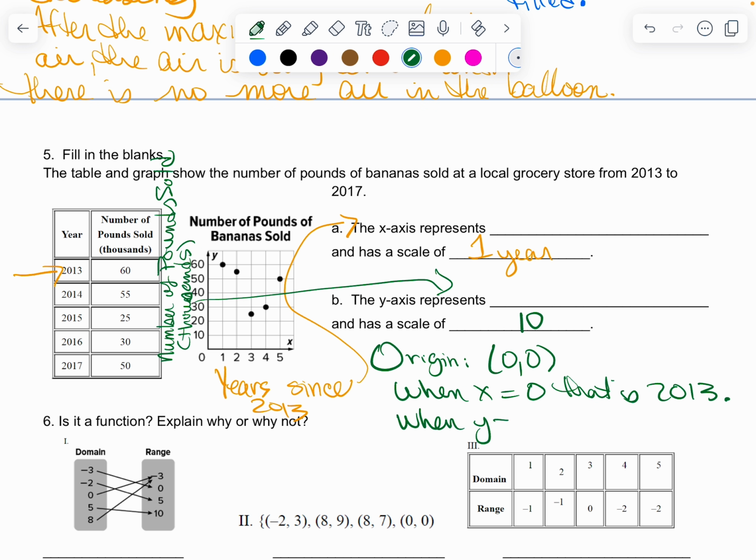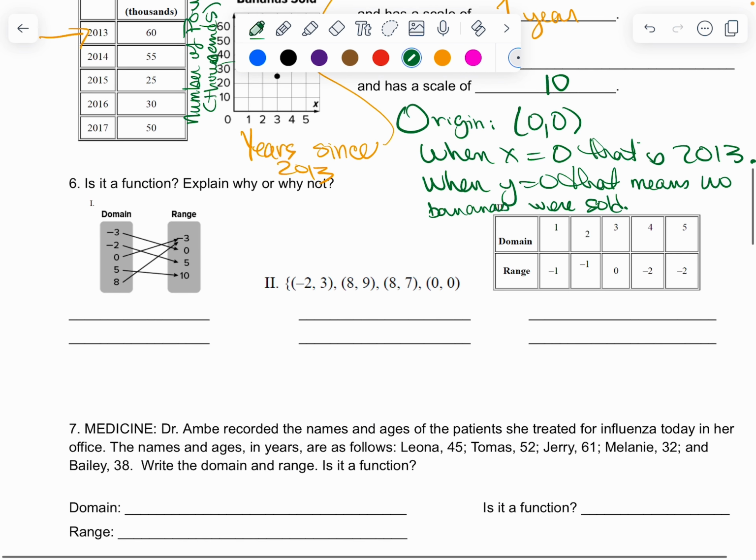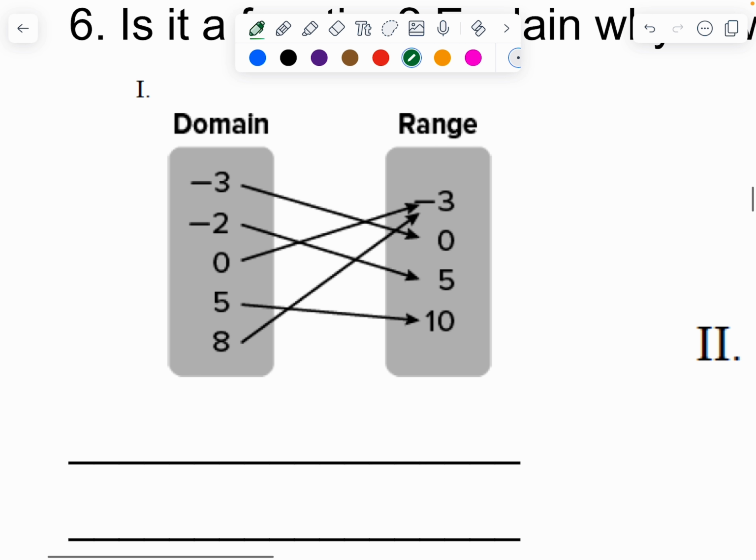When y equals 0, that means no bananas were sold. Okay, is it a function and why? If I look at this, yes.